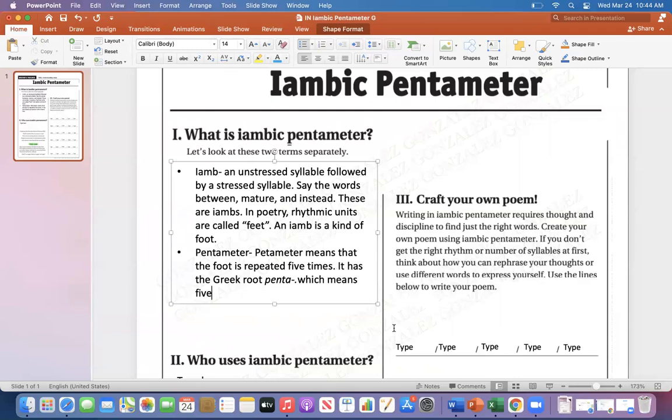That's 5 sides. So just as a reminder, we're going to go ahead and write that down. Now what we're going to do is we're going to put the terms together, iamb and pentameter.